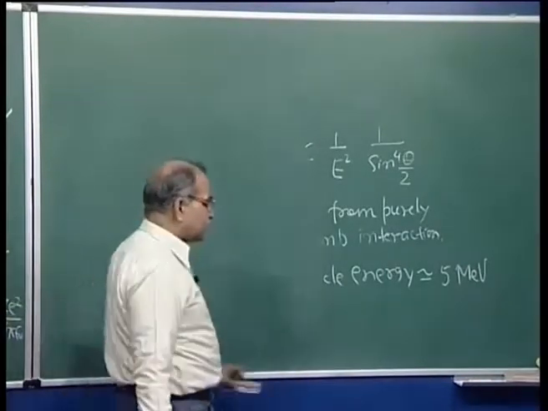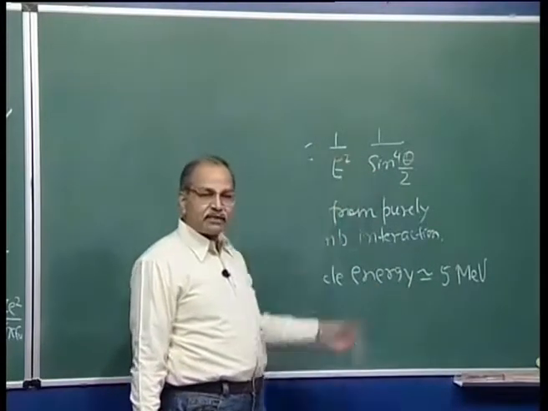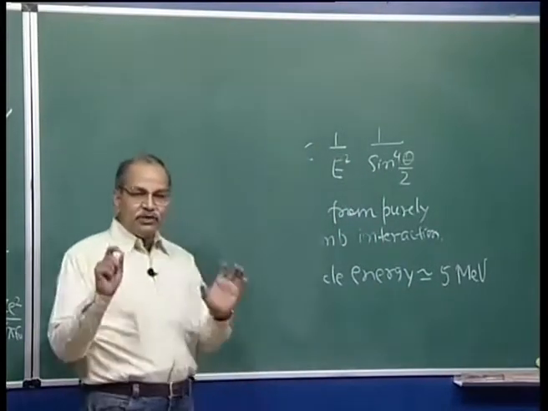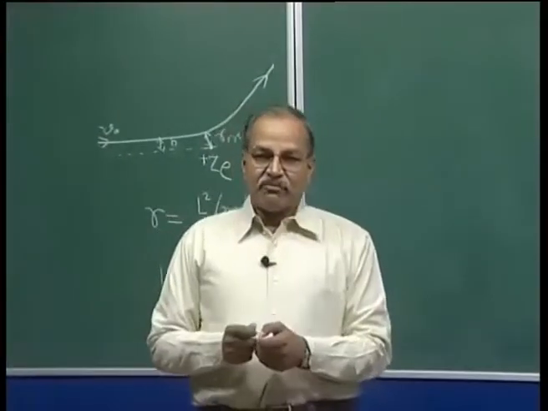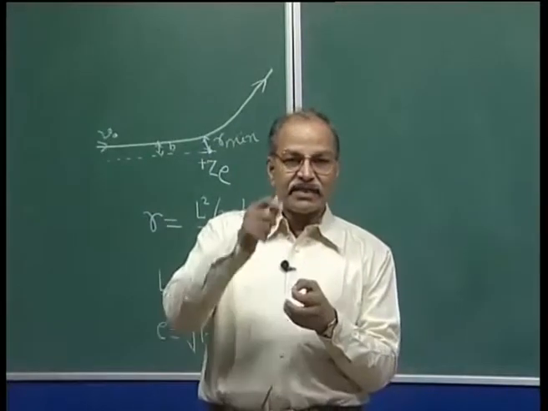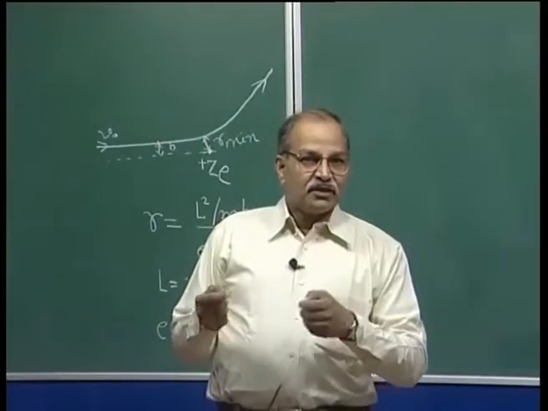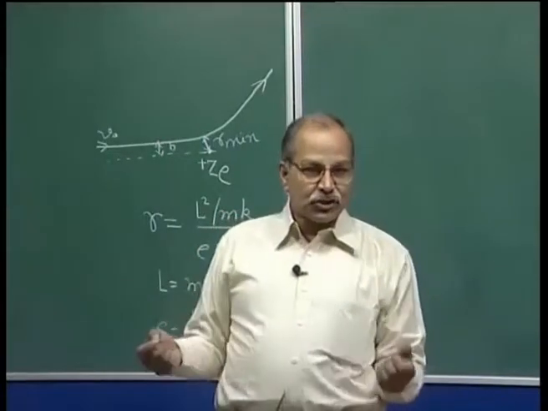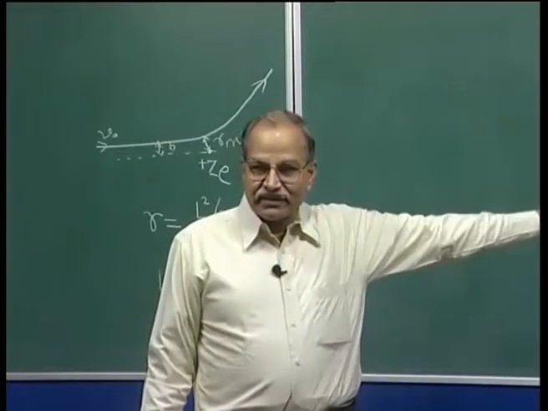I want to see if the nuclear force becomes effective. The Rutherford backscattering formula is derived using only the Coulomb interaction. So, if the distance between the alpha particle and the positively charged nucleus scattering it is much more than the nuclear range, the nuclear radius, then this formula will be correct.